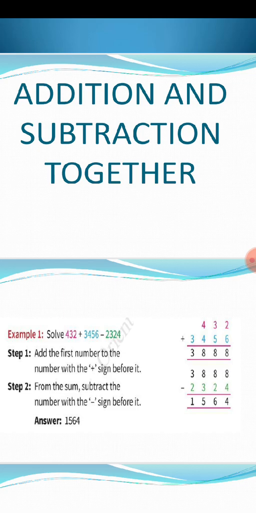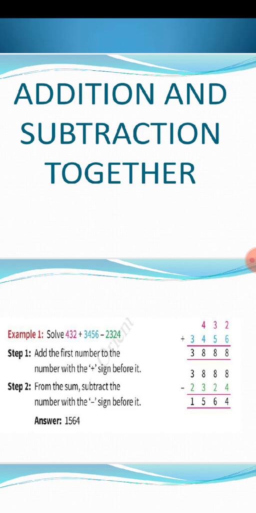Let us see an example. Solve 432 plus 3456 minus 2324. You will be solving this question in two steps. First step is, first we will add the numbers. We will use the first number, and now we will add to it the number which has a plus sign in front.